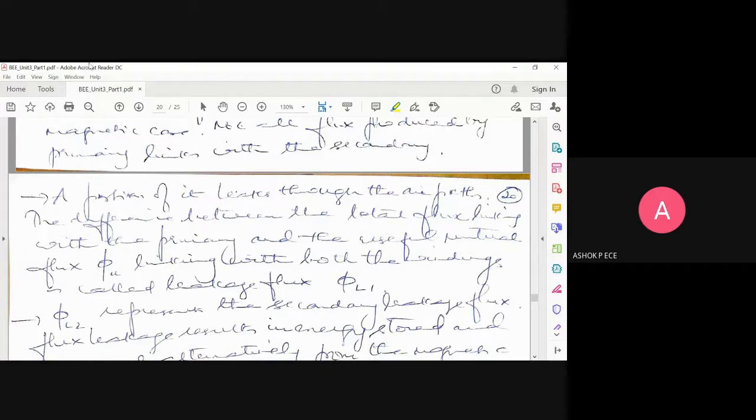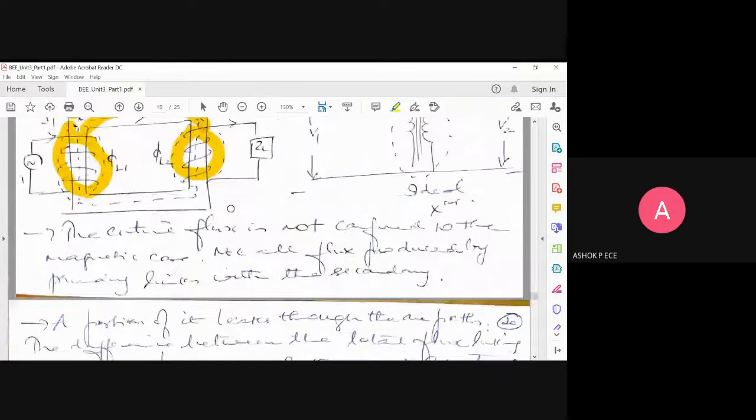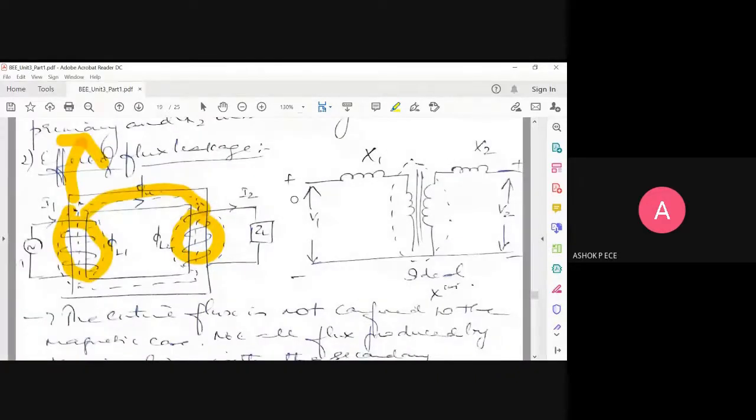That difference, the flux which is leaked out into the air medium on the primary side, is called leakage flux. Any flux is because of a magnetic field, and the relevant component we have in electronics for a magnetic field is the inductor. So we represent an inductor at the primary side to account for the flux leakage in the primary. See here, in the primary side, I am going to have a component X1.